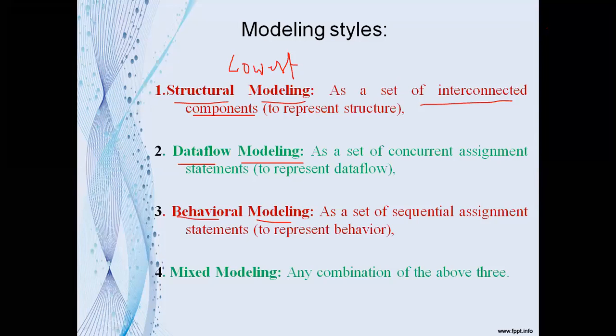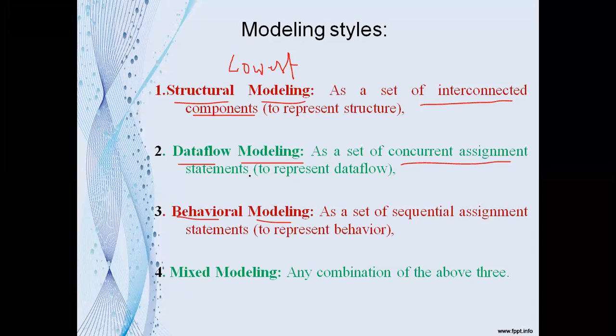In data flow modeling, it describes how the data is flowing from the input to the output. It describes the functionality of the circuit in terms of the data flow. And the very important point is that in the data flow modeling, we use concurrent assignment statements.